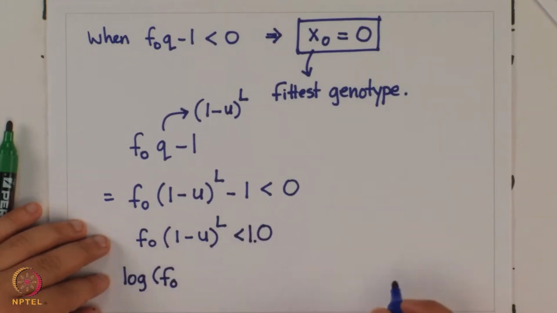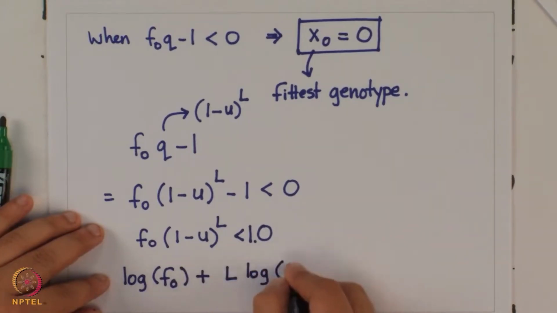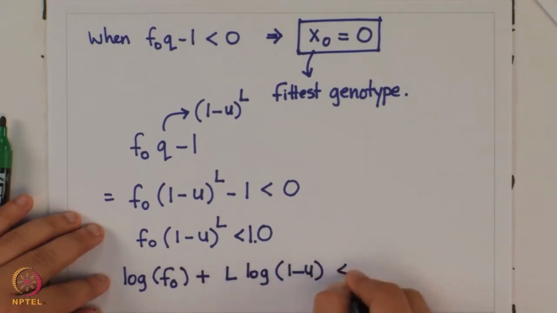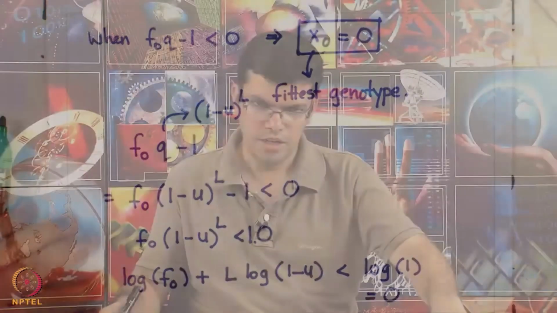Then we take logarithm on both sides and we get logarithm of f naught plus L times logarithm of 1 minus u should be less than logarithm of 1, which is a quantity equal to 0.